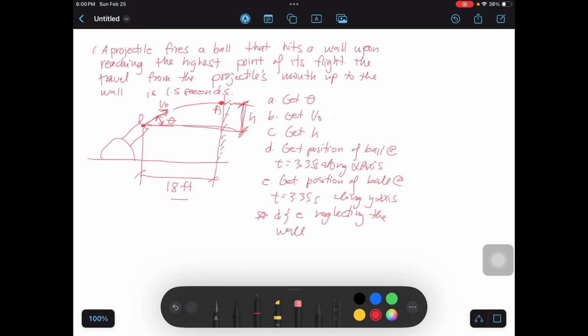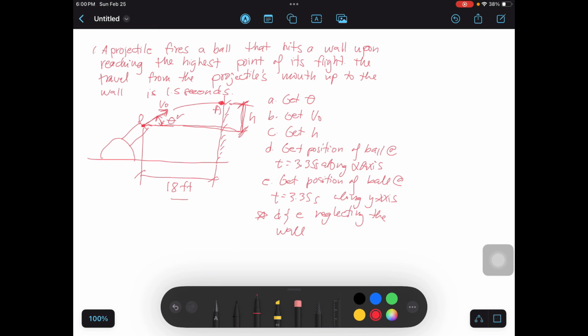Now, the problem wants us to get the angle theta, yung VO and h, and then letters D and E, disregarding or neglecting the wall, get the position of the ball at 3.35 seconds along X and Y axis.